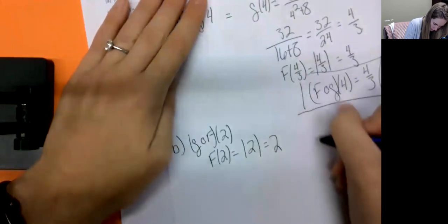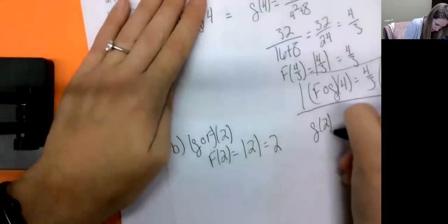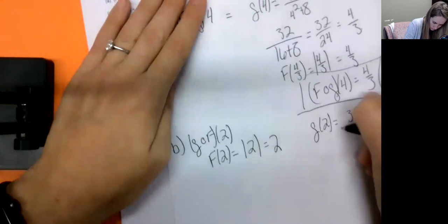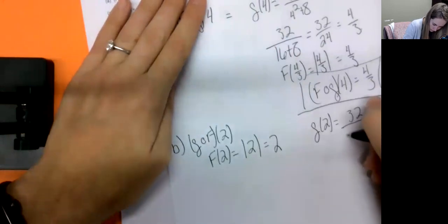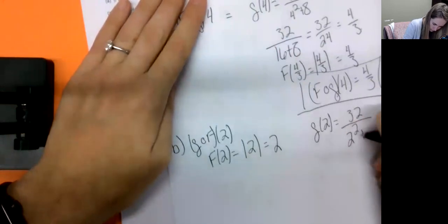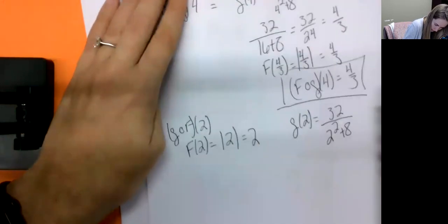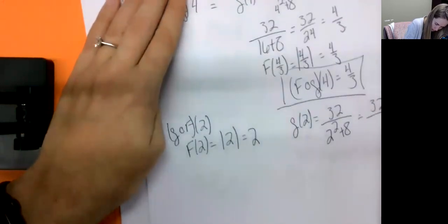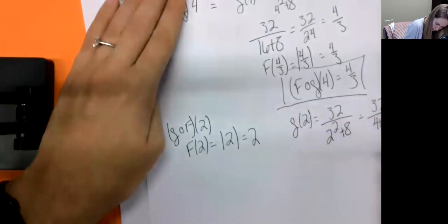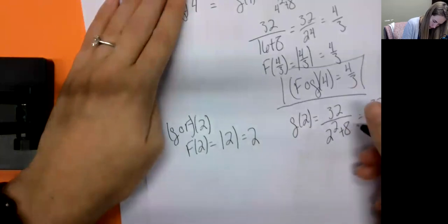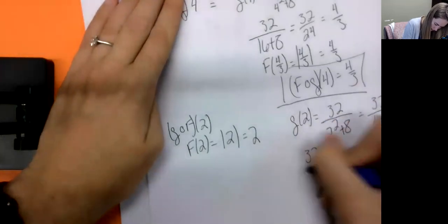We're going to substitute that 2 into the g function. So g of 2 equals 32 divided by the sum of 2 squared and 8. So we have 32 over 4 plus 8. So 32 divided by 12. That won't divide perfectly, so we're going to simplify that fraction.